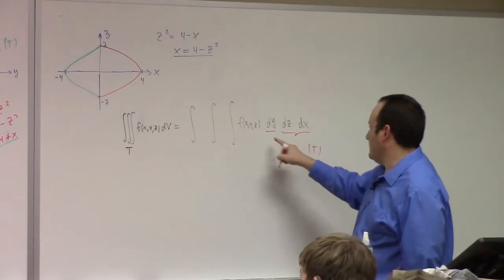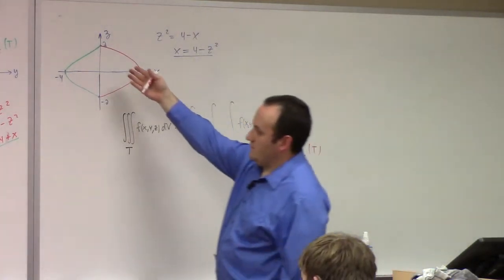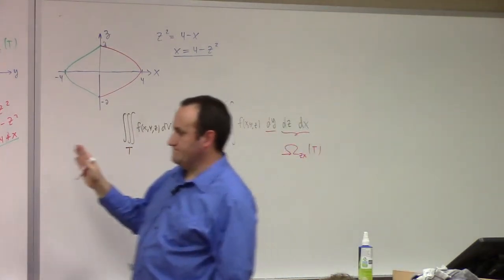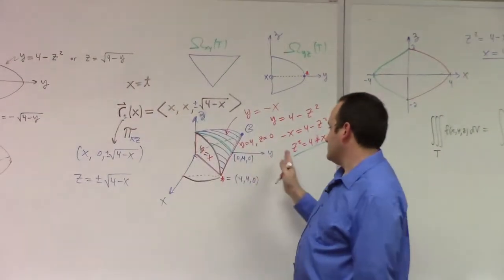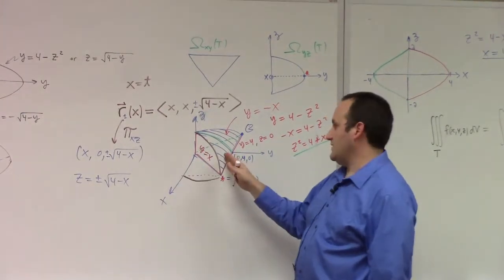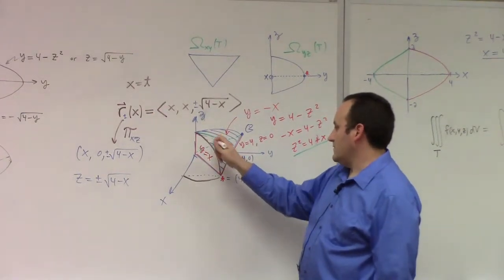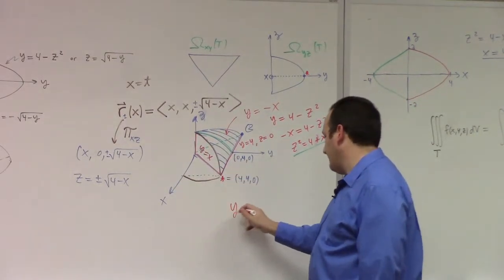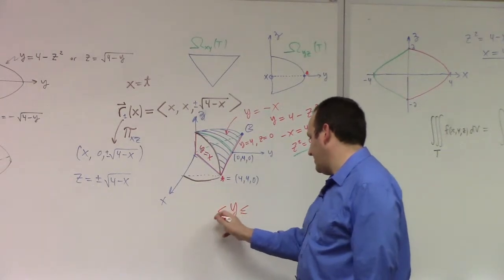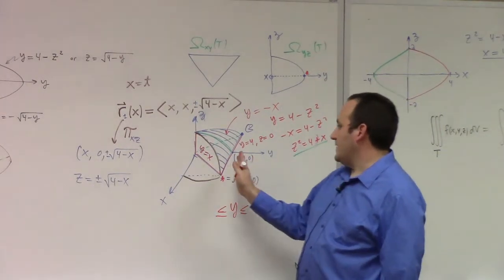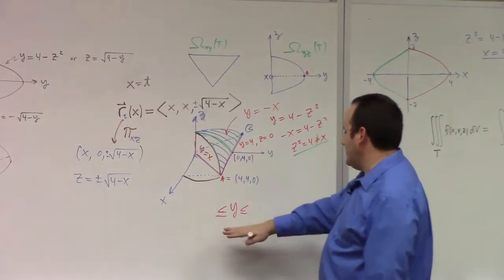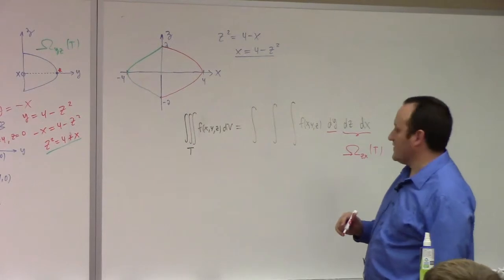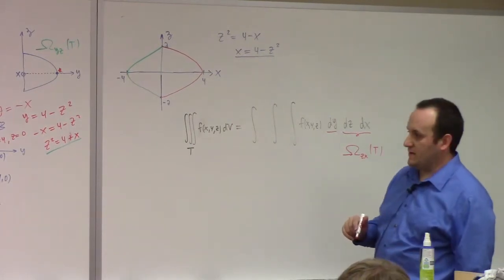So first of all, what are the upper and lower bounds for y? If you look at this shape and you imagine it hits one thing on one side and another thing on the other, y is between what and what? I need the most complicated bounds, in terms of z and x, as precisely as we can be.